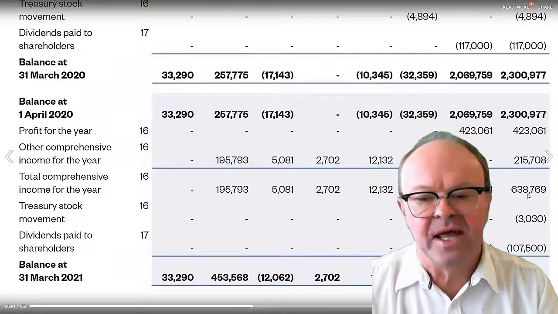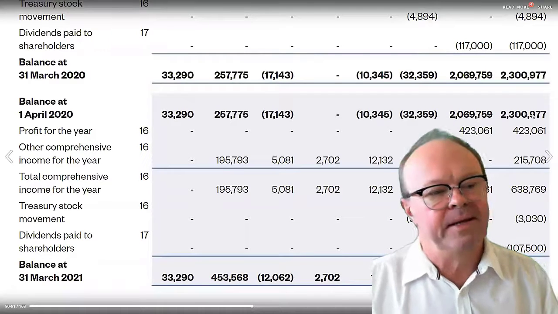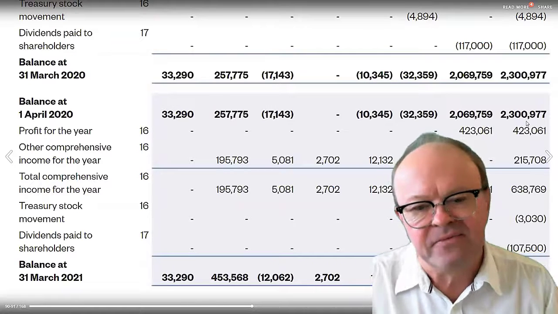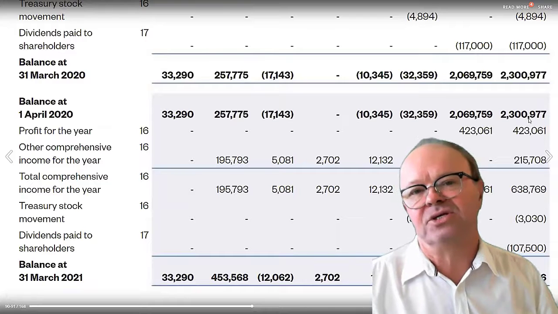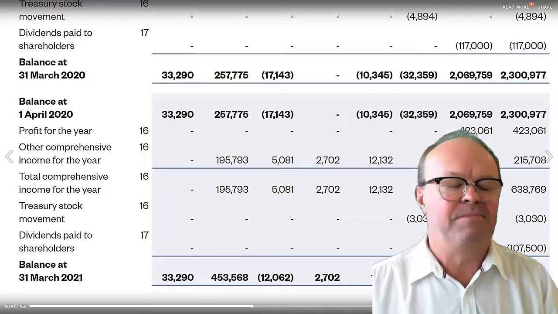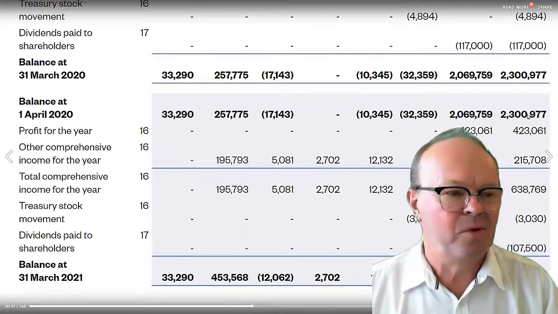We've got the opening balance of equity of 2.3 billion and the closing balance of 2.8 billion. And the statement of changes in equity shows us how we got from last year's balance sheet of 2.3 billion to this year's balance sheet of 2.8 billion, roughly 500 million, half a billion dollars more increase during the year.